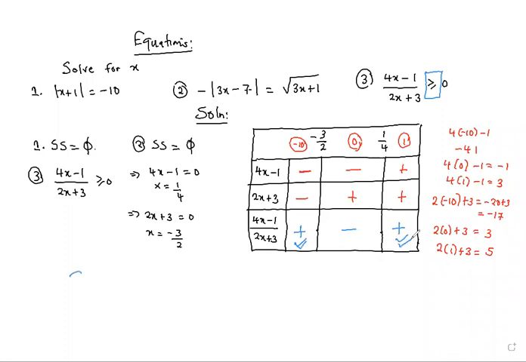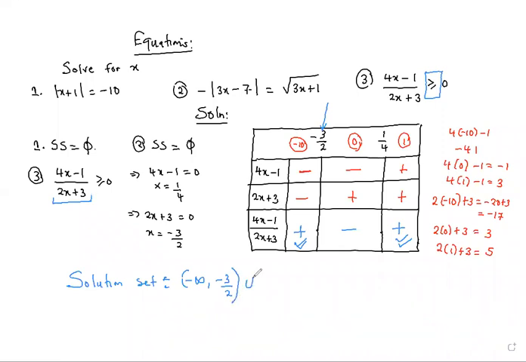So the solution set is from negative infinity all the way up to negative 3 over 2, which was obtained by solving for x on the function. Because it came from the denominator, we will never have it included.